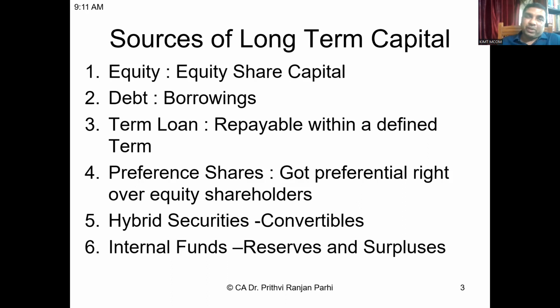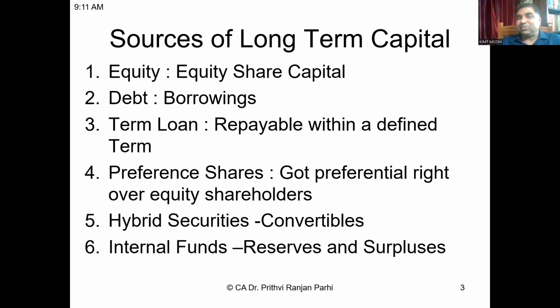One more type of long-term source of funding is there, that is called internal funds. Internal funds means this is the money which is available within the company. Maybe under different accounting heads, it is available.